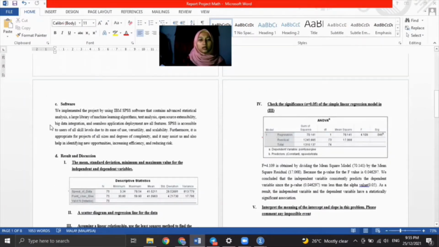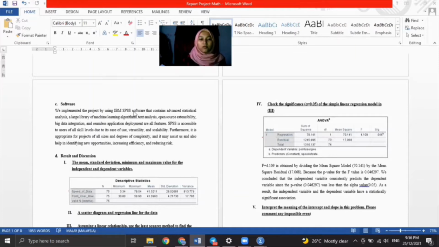Okay, so the next one is part C, software. We implemented the project by using IBM SPSS software and also Excel, but the major software we use is SPSS.